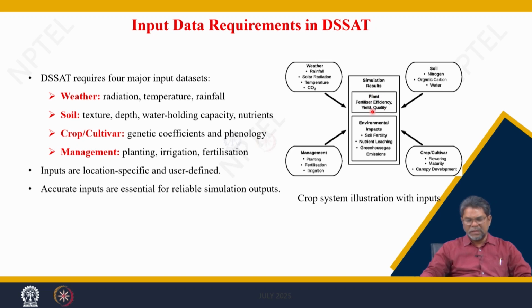That is simulated. Along with that, we also simulate the environmental impact. Because of this crop and the input management, what are the changes in soil fertility, soil nitrogen dynamics, and the soil organic carbon contents, soil nutrient leaching, and greenhouse gas emission, particularly CO2 emissions from the crop field, that can be simulated in this model.